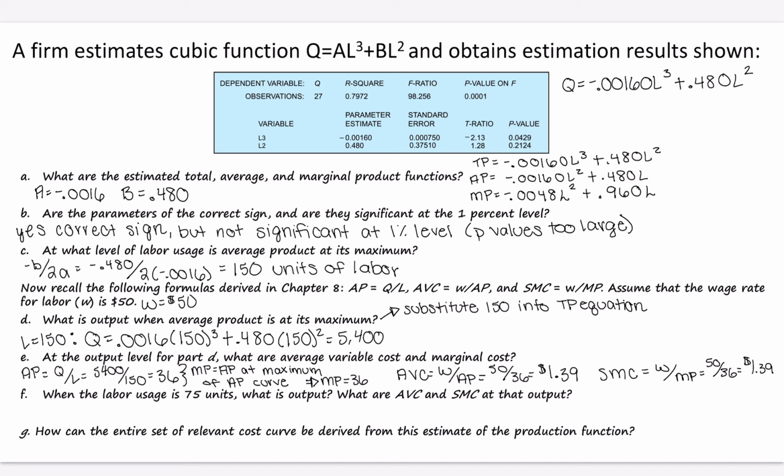When the labor usage is 75 units, what is output? What are average variable cost and short run marginal cost at that output?